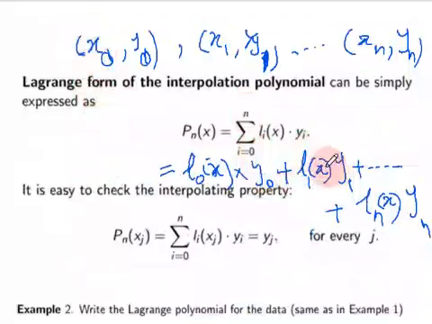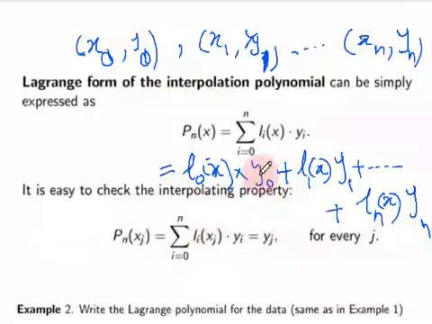Then we don't get those terms. We only get this one, and the value of this at this point is 1. That means p sub n evaluated at x0 is equal to y0. So we can show that this polynomial passes through each data point.